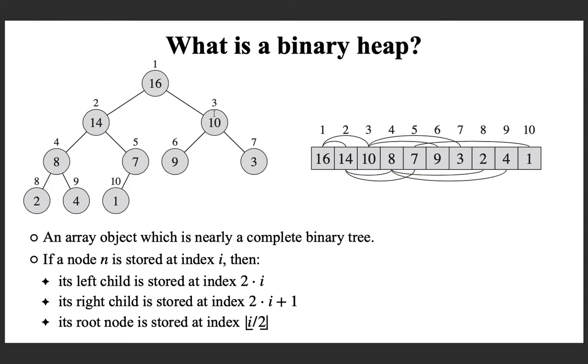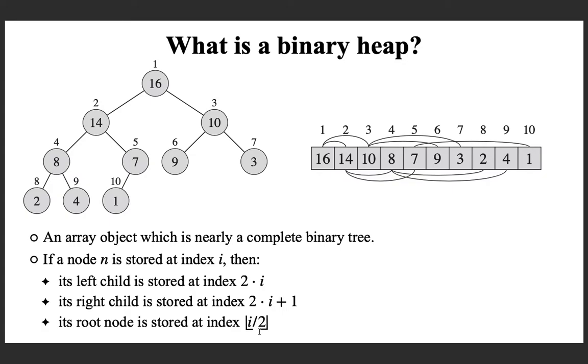Here it is 6 by 2, and here it is the floor of 7 by 2. You can easily observe this is the relationship between the indices of various elements in a binary heap.